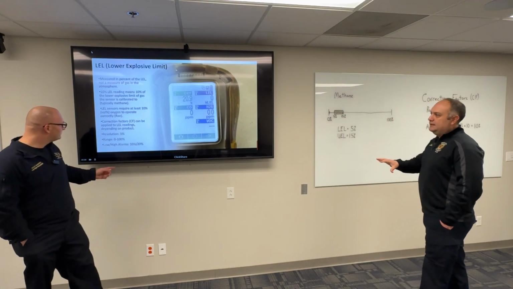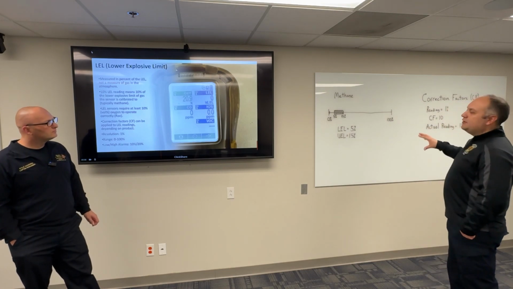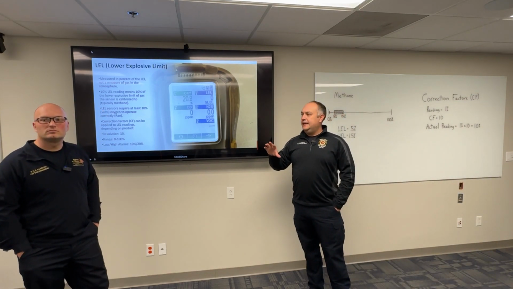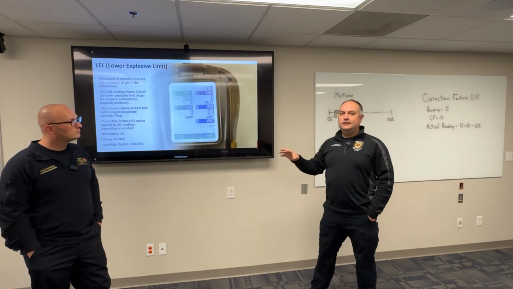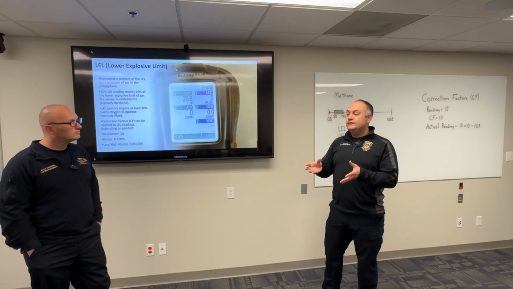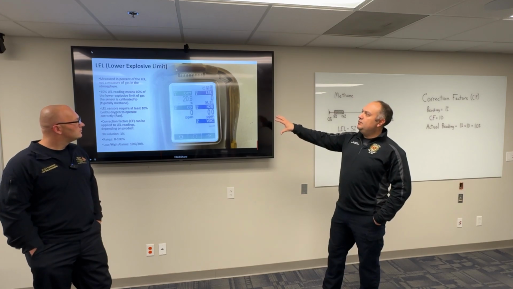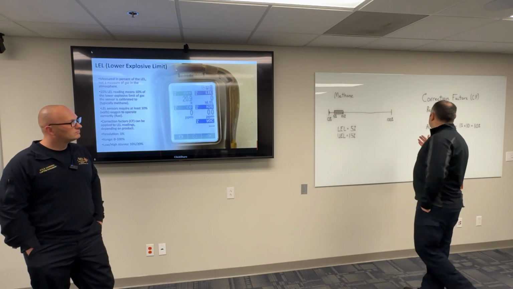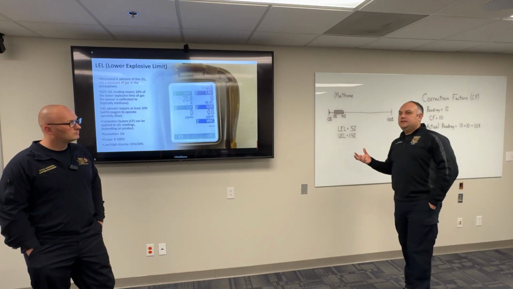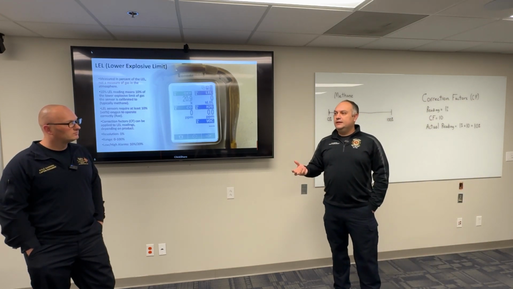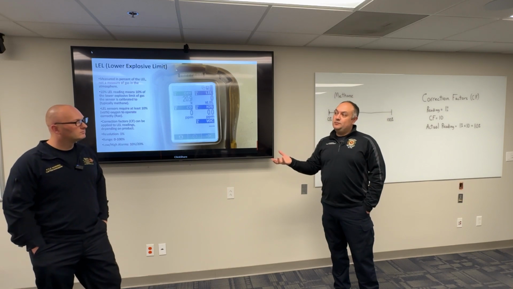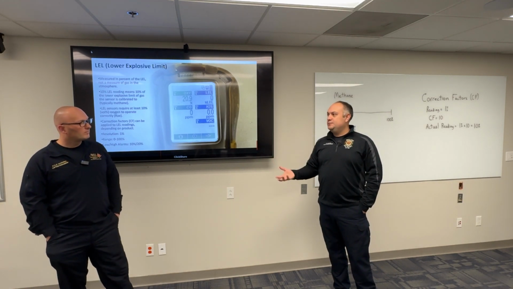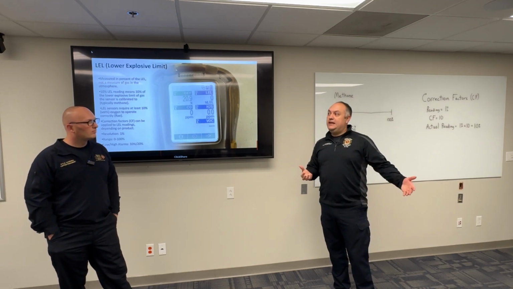Something else, Kyle, we're talking about correction factors. This is especially important for LEL and VOCs. We're going to talk about that a little bit later with the PID measuring VOCs. But you can apply correction factors to the LEL reading. So what that means is, if you're seeing something other than methane, let's say we're measuring gasoline vapors, that has a specific correction factor that's based on the manufacturer.